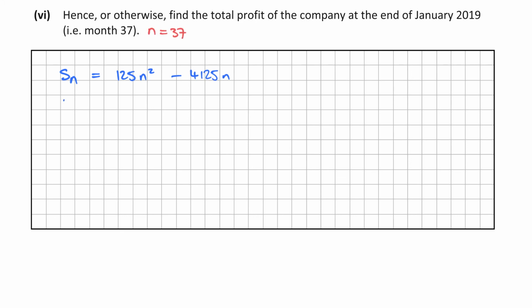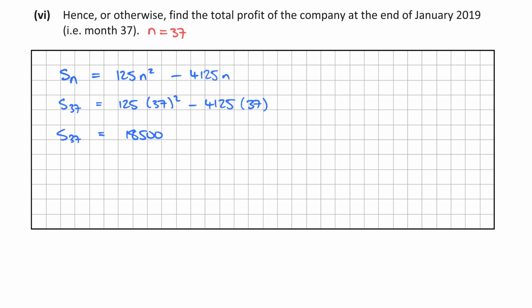So S of 37, which is the sum of the first 37 months, is 125 times 37 all squared, plus 4,125 times 37 as well. And if you were to type that into your calculator, S of 37 will give you an answer of 18,500.